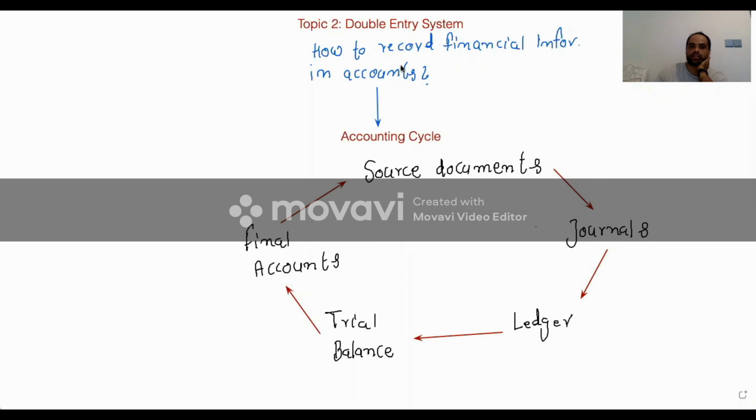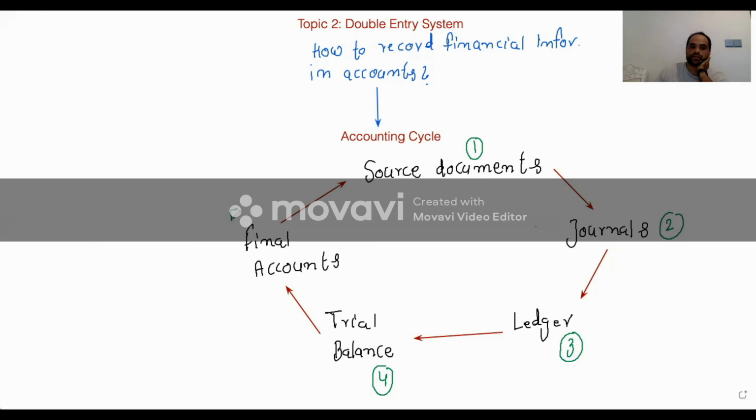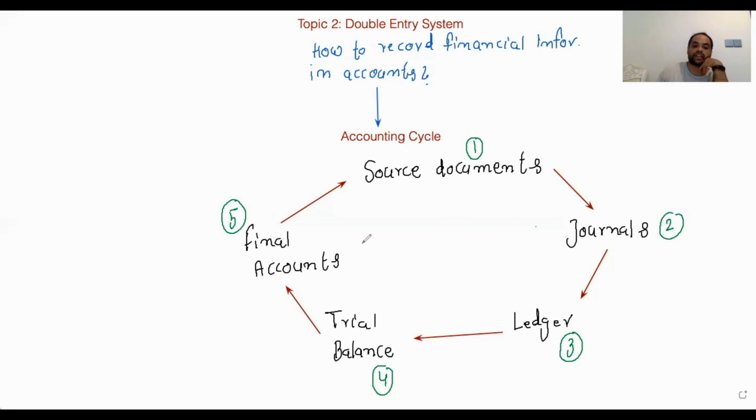Step 1, which is source document, journal, ledger, trial balance, and final account. Another name for final account is financial statement.